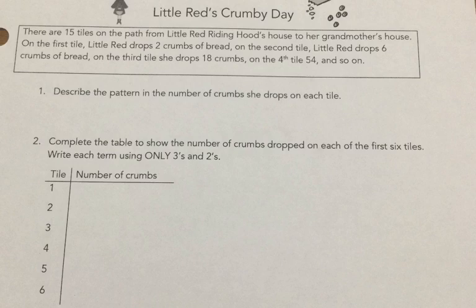A little bit more specific than that. You're not wrong. Each value multiplies by 3. But where do we start? You've got to give that initial value too. Start at 2. So 2 on the first tile.